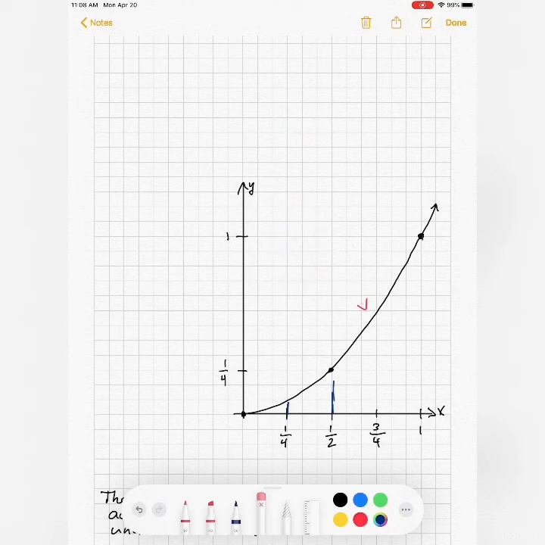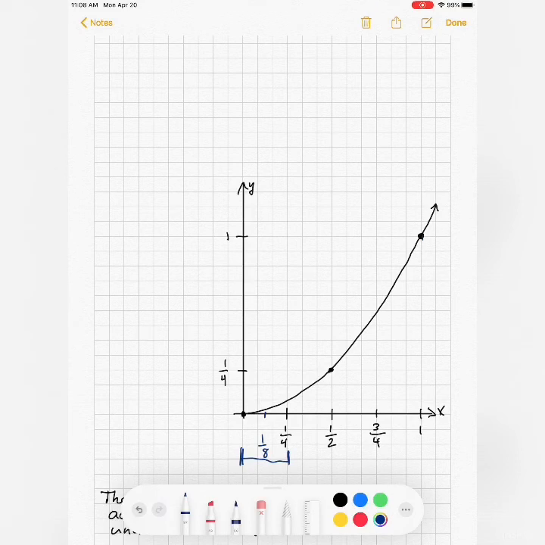The other idea I was thinking of was, what if I took the midpoint of each interval? So I'd have to find the point. The first midpoint would be halfway in between 0 and a quarter, which would be an eighth, right?